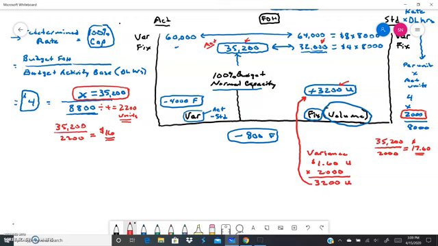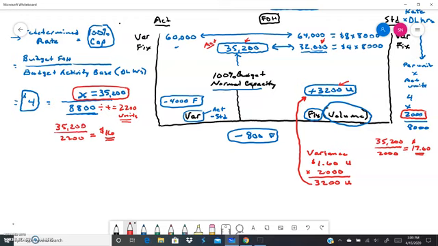So that's really all that we're doing. By using this technique, we're quantifying how much more expensive those units are in total. You could just take the $3,200 and divide by 2,000 units, and you'd figure out that each unit is $1.60 more expensive. But that's all that this is doing. It's just determining how much more expensive those units are.